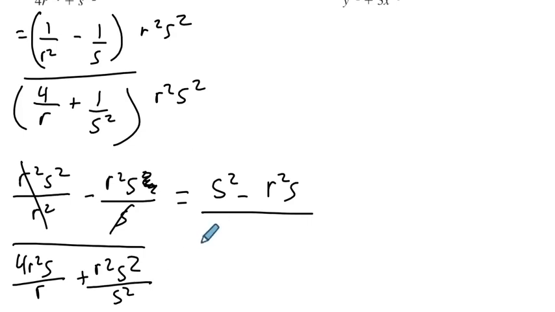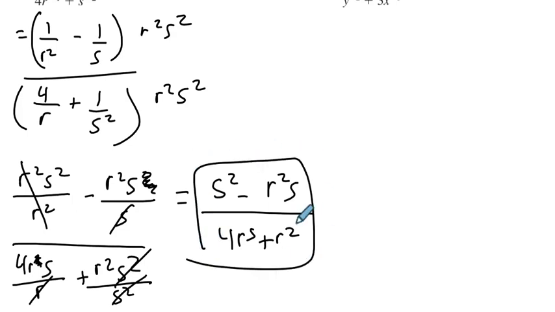So now if we simplify that now, what do we get right here? Well, that r will cancel out with that guy there, leaving us with just 4rs. The s squares cancel, leaving us with just r squared. And that would be it. Great, so there's nothing, I mean, like you can factor out an s, factor out an r, but nothing's going to cancel out, so we can leave it just like that. Okay.